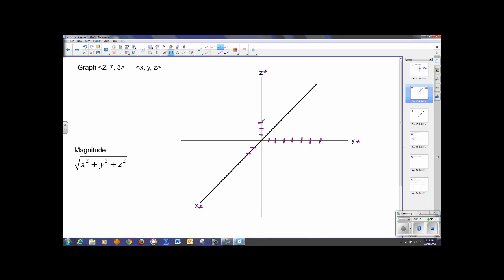I have a length of 3 vertically, a horizontal 7, and an outward position of 2. So I'm going to start at the origin and move 2 along that x-axis. And then I'm going to move 7 along my y-axis.